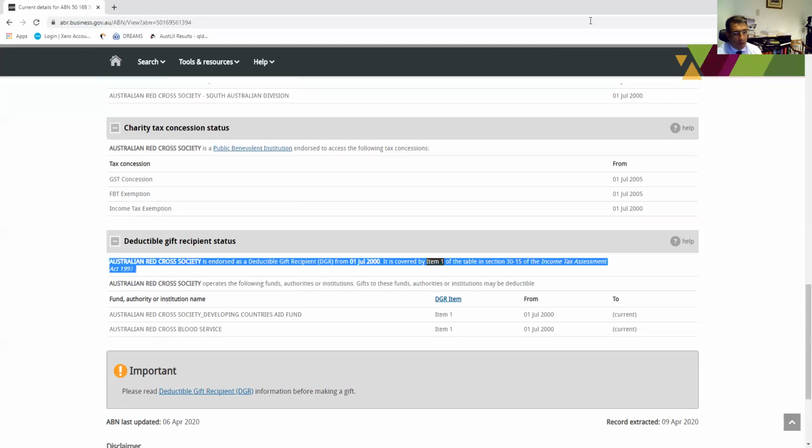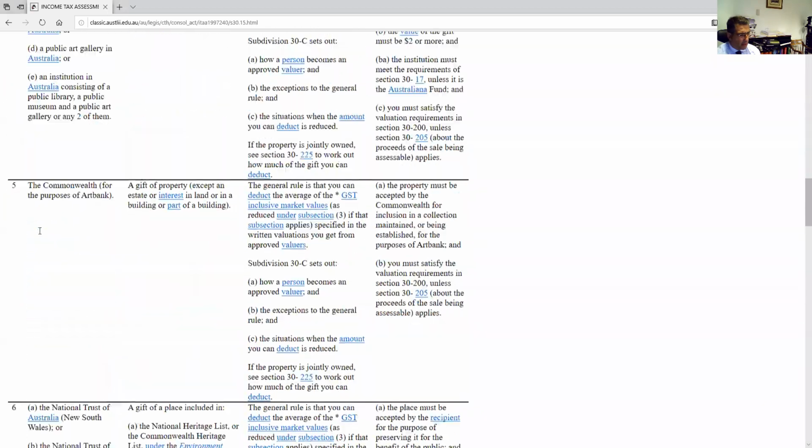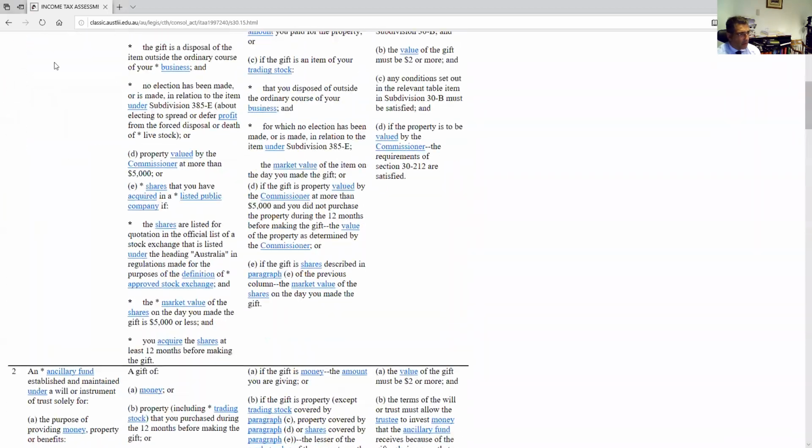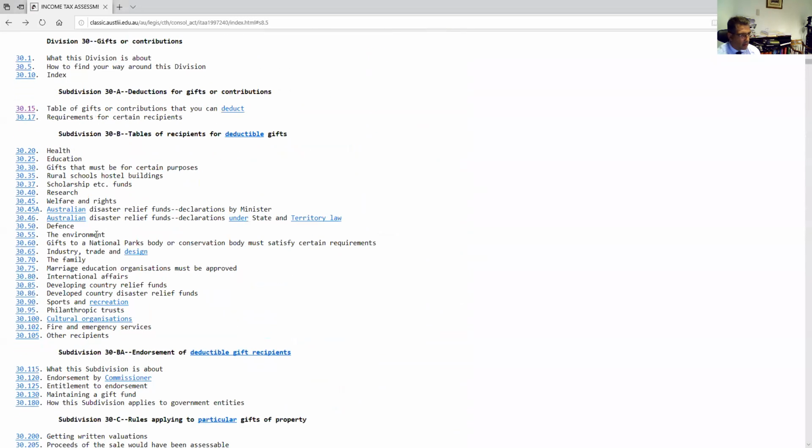So returning to the provisions, here's Division 30, there's Division 30-15, and there's the table. But what the table is doing is identifying the types of entities that will be designated deductible gift recipient entities.